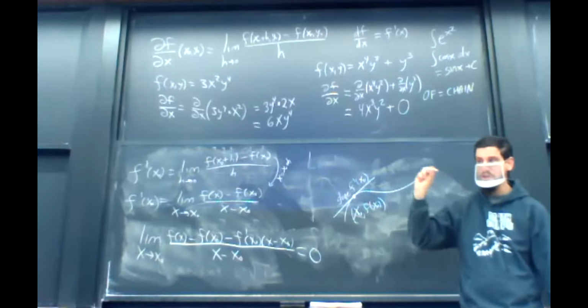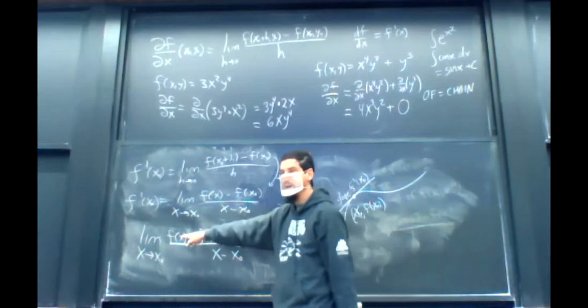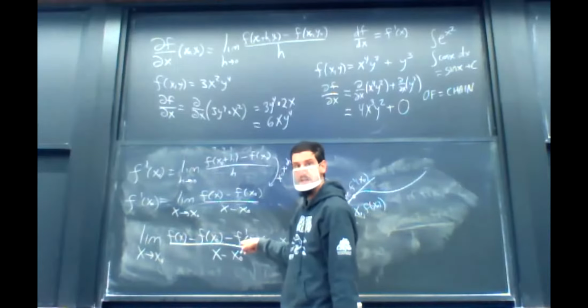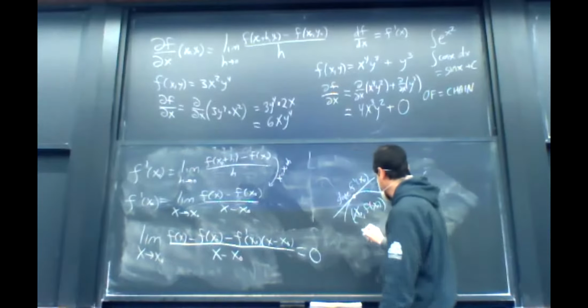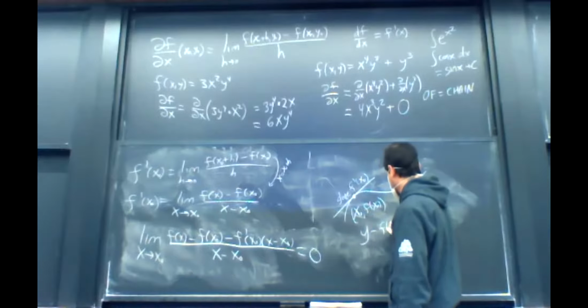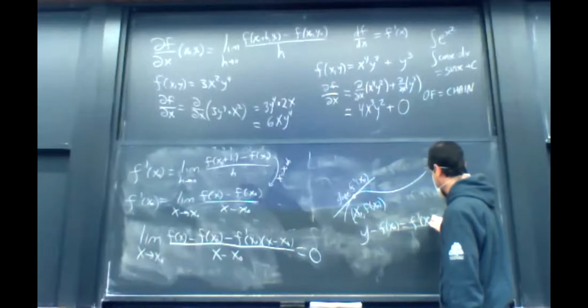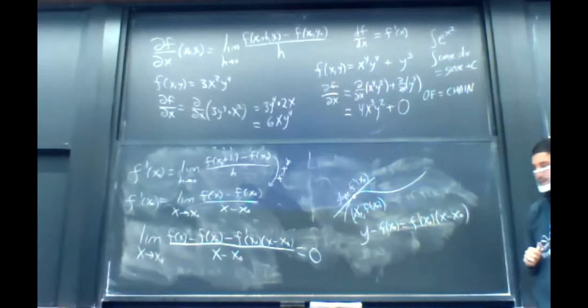And so if your speed is not changing that much, what this is saying is, I can approximate where I am by where I started, plus my instantaneous speed at the key time times the elapsed time. And this is y minus y naught equals the slope f prime of x naught times x minus x naught. That's the equation for the tangent line.